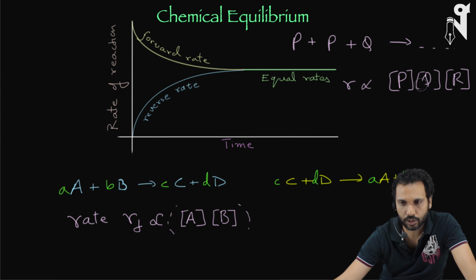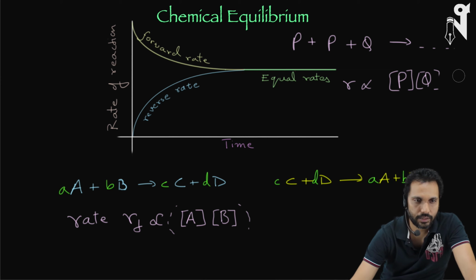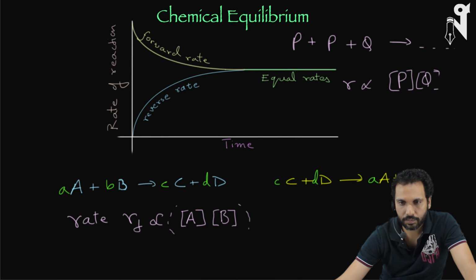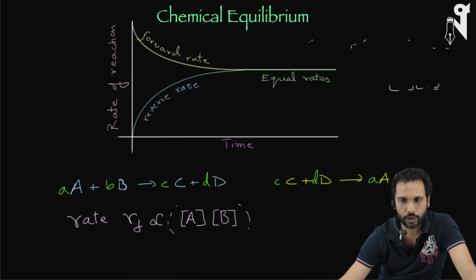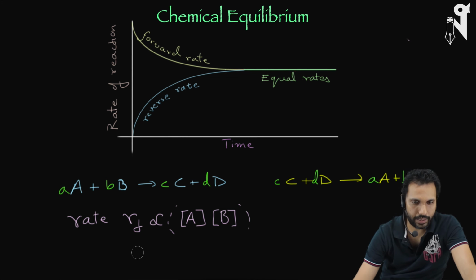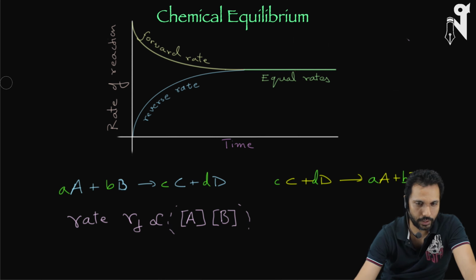So if I write P into Q into P again, then mathematically that is P squared into Q, right? So going by that logic, what do you think would be the rate of this reaction given over here?